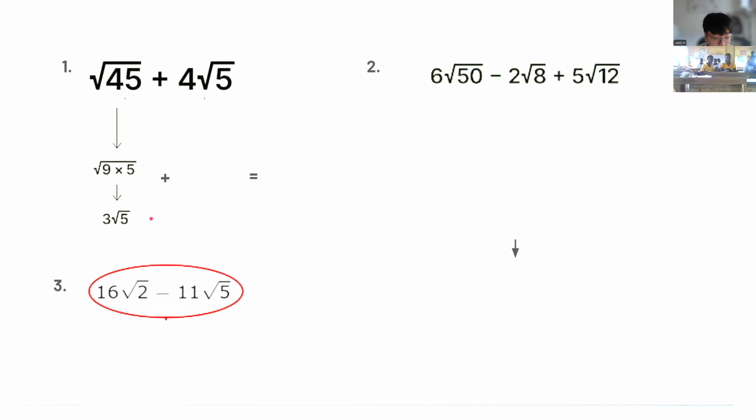So it'll be 3 square root of 5. And 4 square root of 5, we can just say it's 4 square root of 5. And we can add these two terms together, right? Because now they have the same base under the square root. So that's why it'll be 7 square root of 5, right?